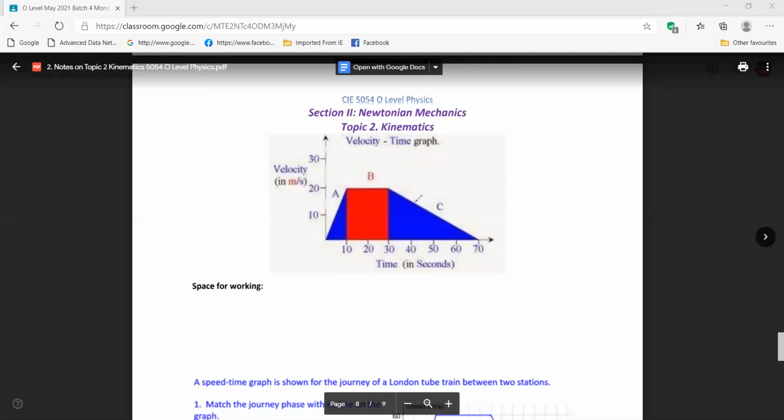Then this part, constant deceleration. You say deceleration, not de-acceleration. Karim, pronounce it again: constant deceleration.